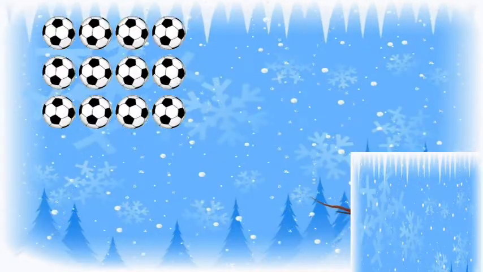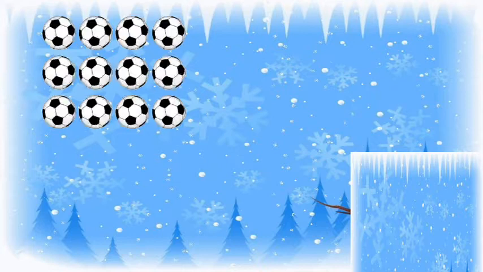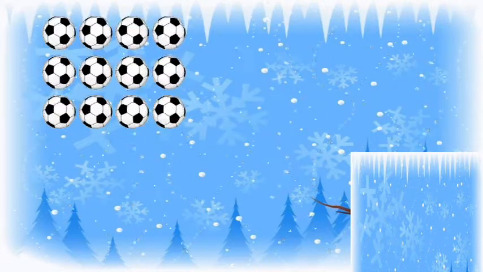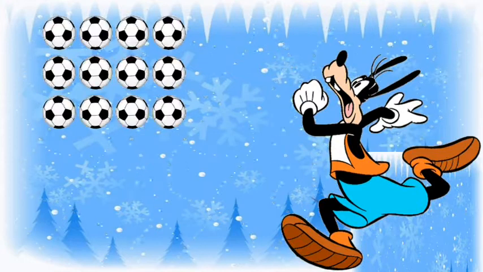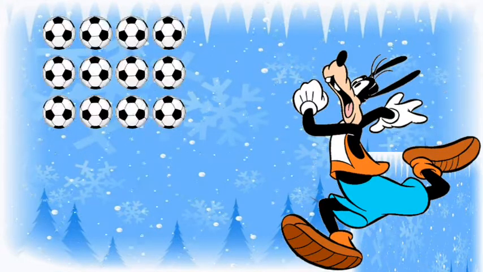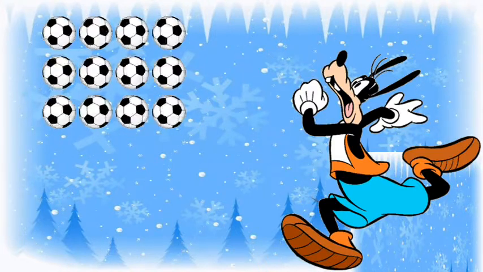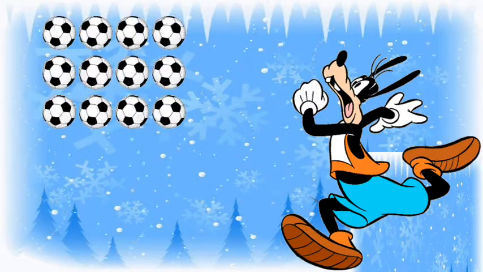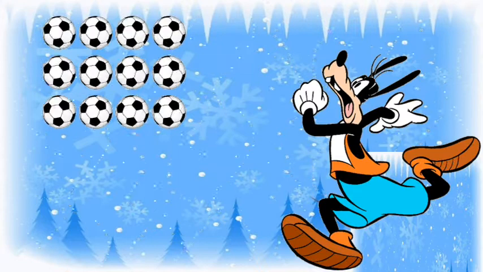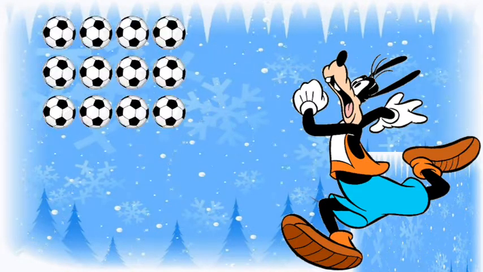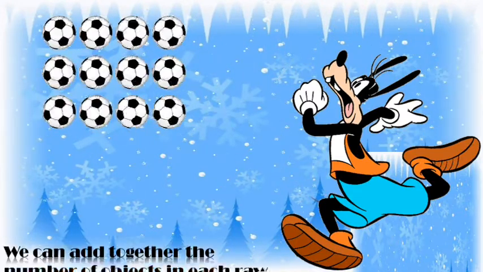Can you tell how many rows and columns are there in this array? Very good. There are 3 rows and 4 columns, right? To find the number of objects in this array, what we need to do?